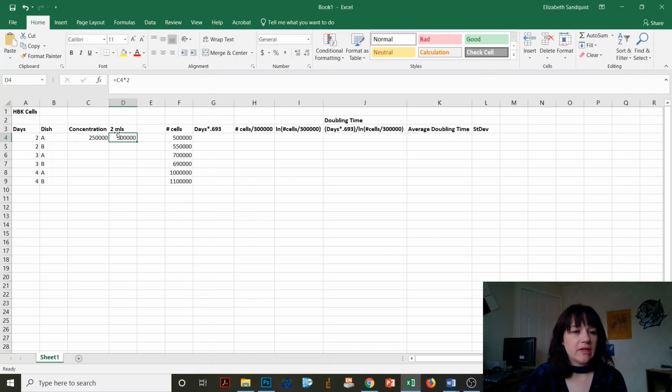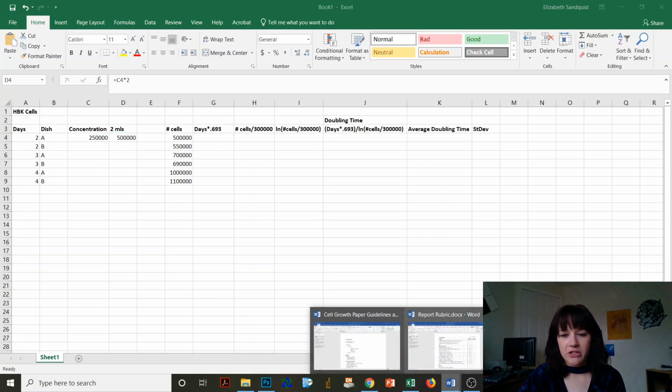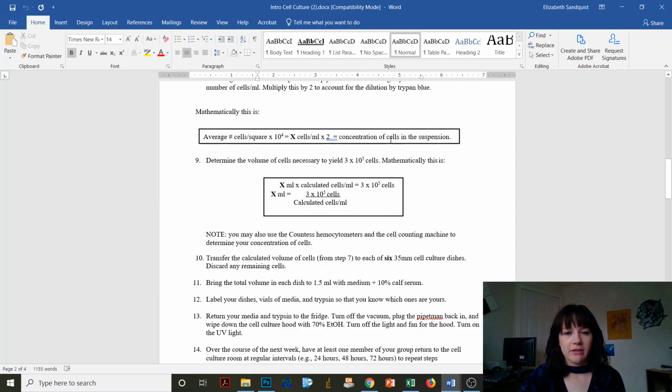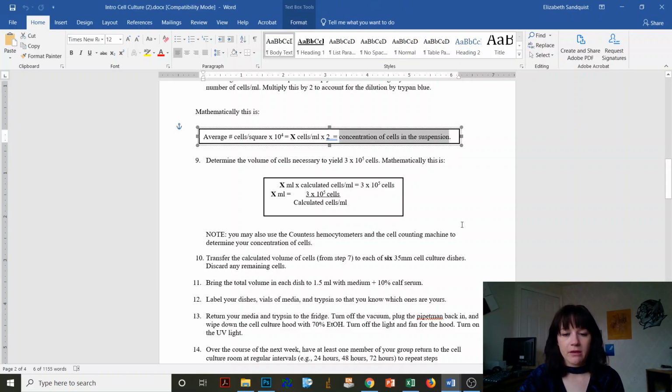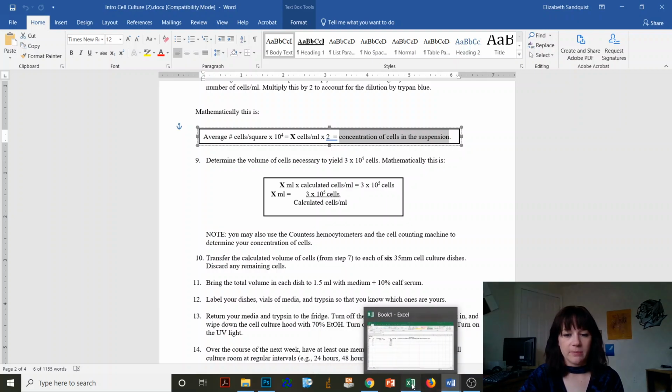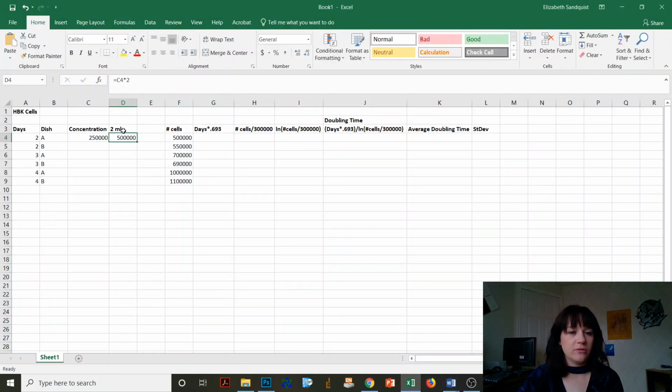So you're going to put down the calculations that you get for each dish when you're using this math, and that's going to give you the concentration of cells in the suspension. And then you're going to multiply that times the volume of the cells in the suspension, which I've told you here is 2 mils. And that's going to give you the number of cells in each dish, right?